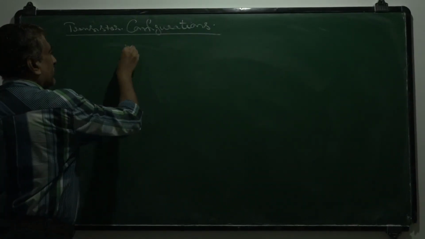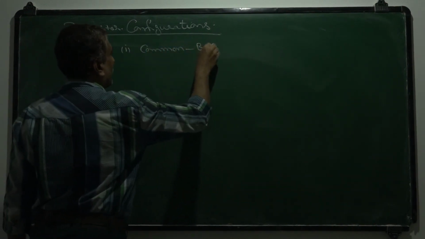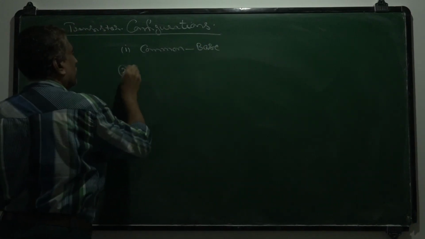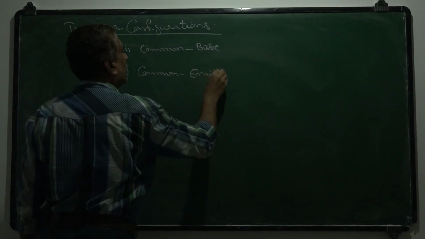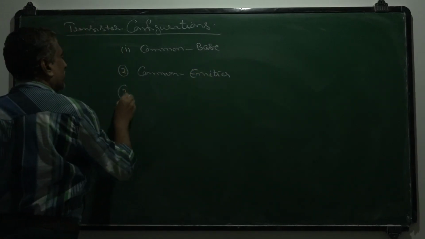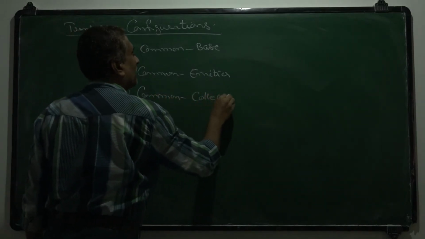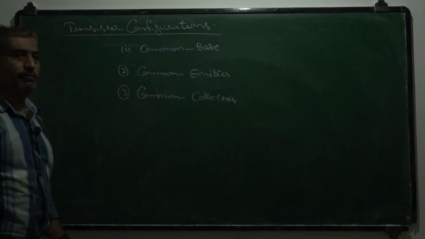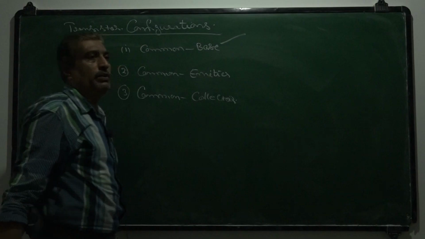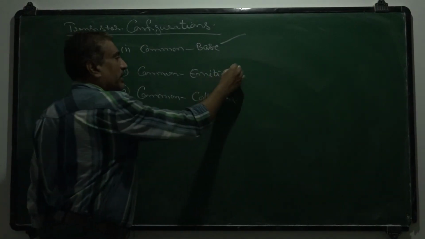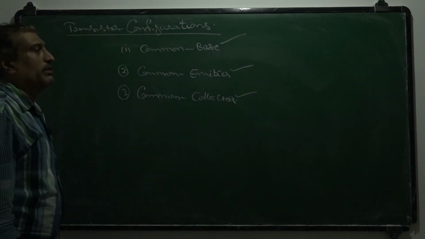They are, first one, common base configuration, number two, common emitter, and third one is common collector. Common base configuration means the base is common to both input and output. In common emitter, the emitter is common to both input and output. In this one, the collector is common to both input and output.